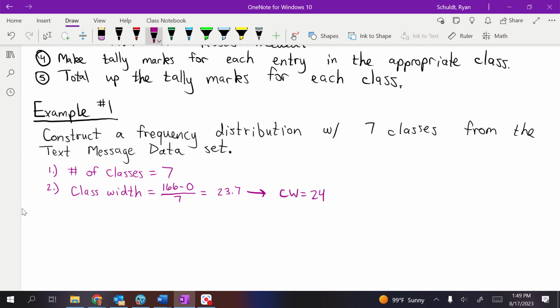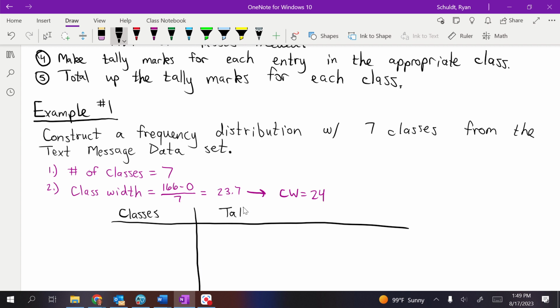So now the next 3 steps actually kind of happen in a chart, if you will. So we want to start making our chart. We're going to have the classes here, and then a spot for our tally, and then the actual frequency itself.